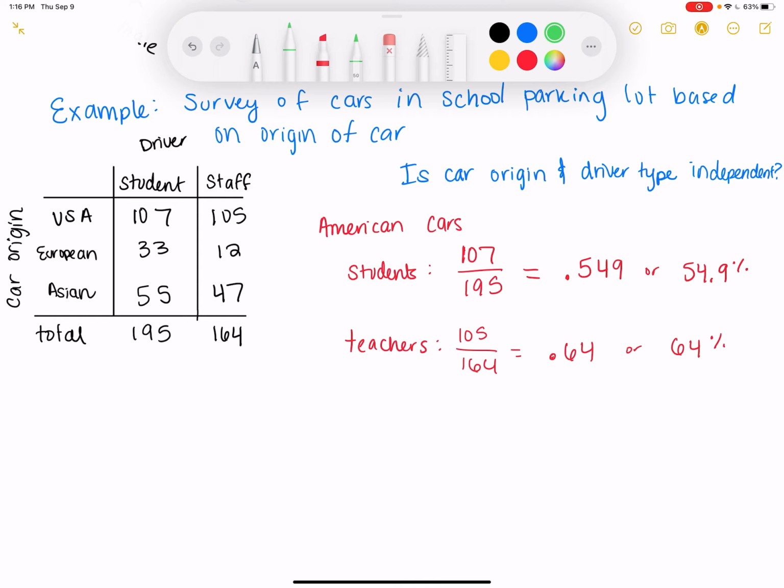The conclusion that you would need to write because of this, okay, there's a lot of things in stats you have to explain why. You can't just say not independent. You've got to tell me a reason that goes with it. So: not the same percent.